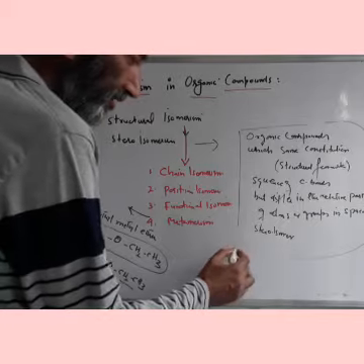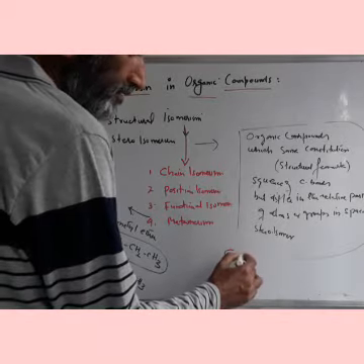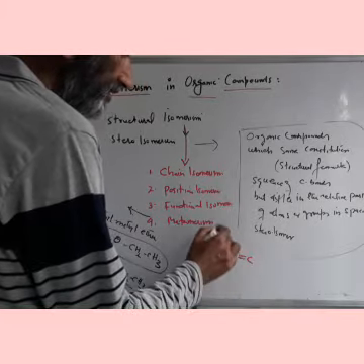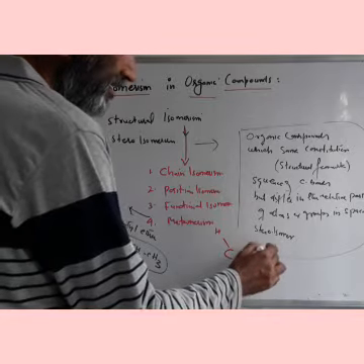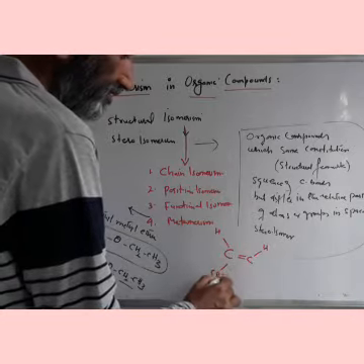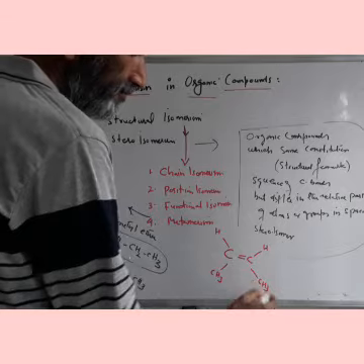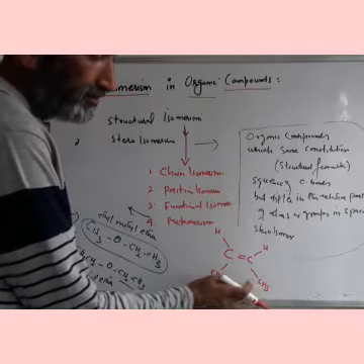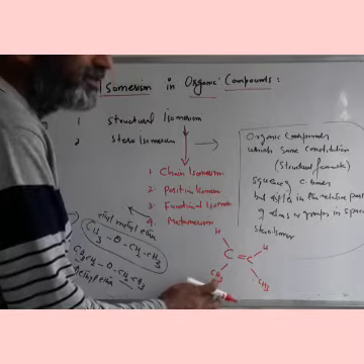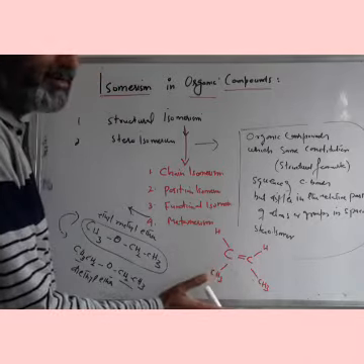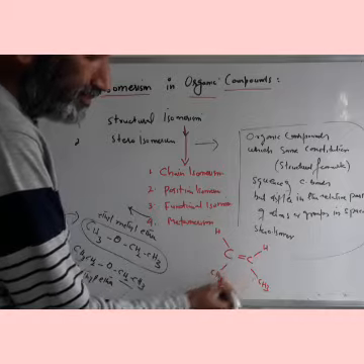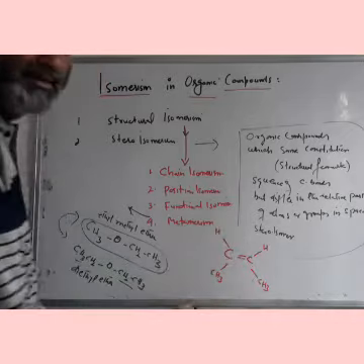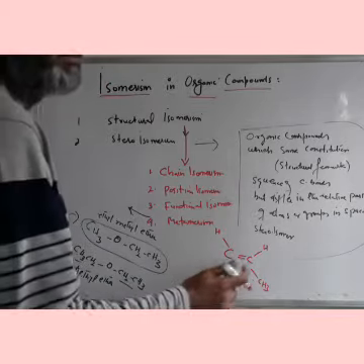For example, if I write C double bond C, with CH3, CH3. These are relative positions of the groups: the methyl groups are on the same side of the carbon-carbon double bond, and hydrogens are also on the same side.